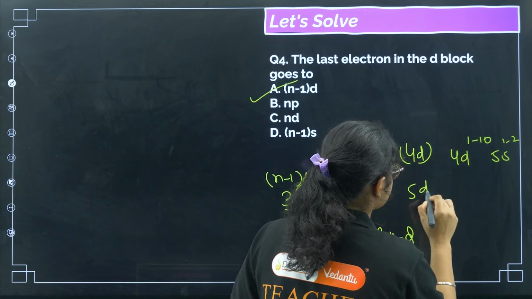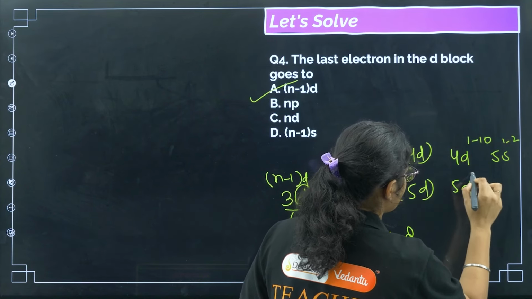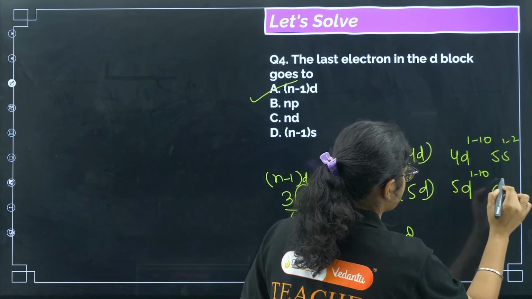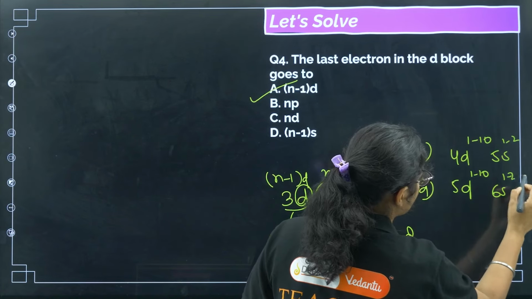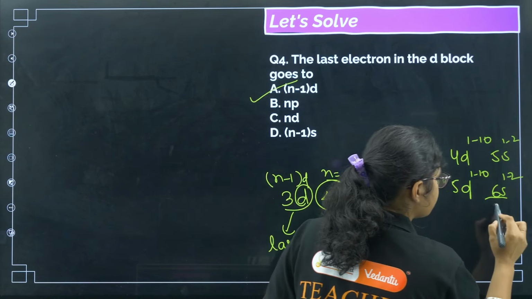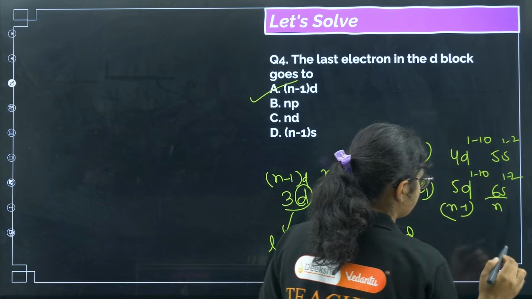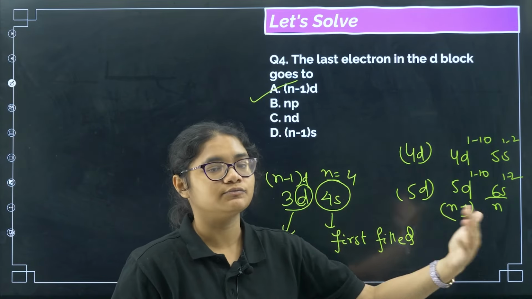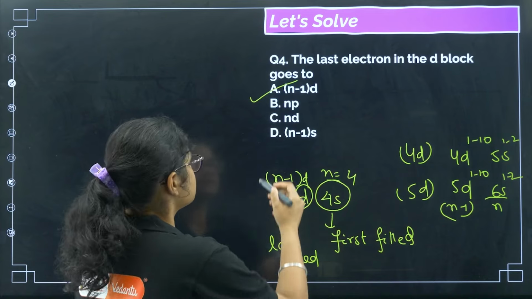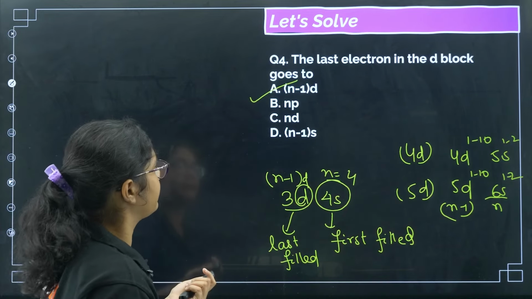For the 5d series, it is 5d 1 to 10 and 6s 1 to 2. So this is your n value and this is your n-1 value. The d electrons enter the (n-1)d shell. The correct answer is option A.